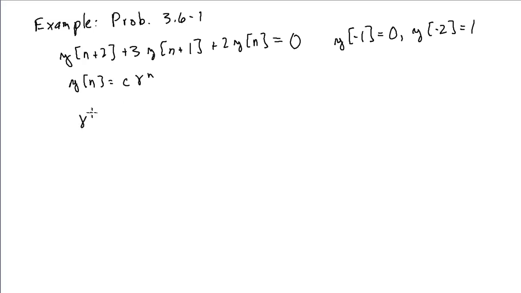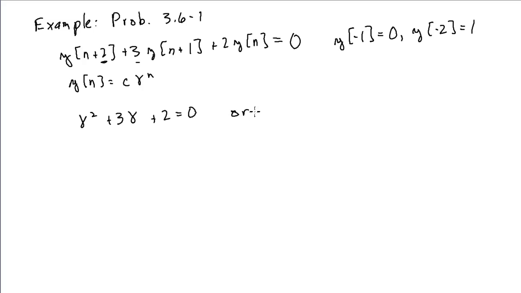Again, this comes directly from the difference equation: gamma squared plus 3 gamma plus 2 is equal to 0. So you should be able to go from the difference equation directly to the characteristic polynomial. Notice how the advance here becomes an exponent in my characteristic equation, and then these coefficients become corresponding coefficients in the characteristic equation.